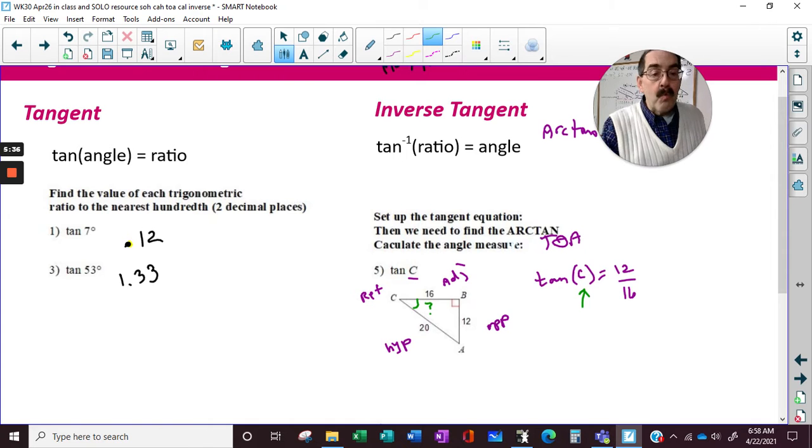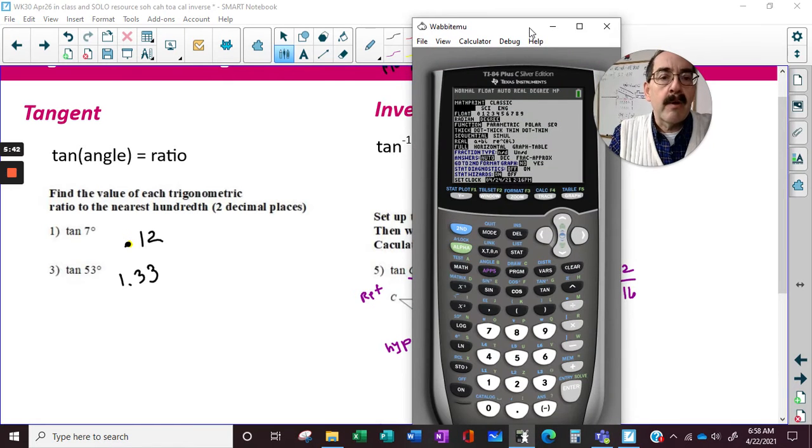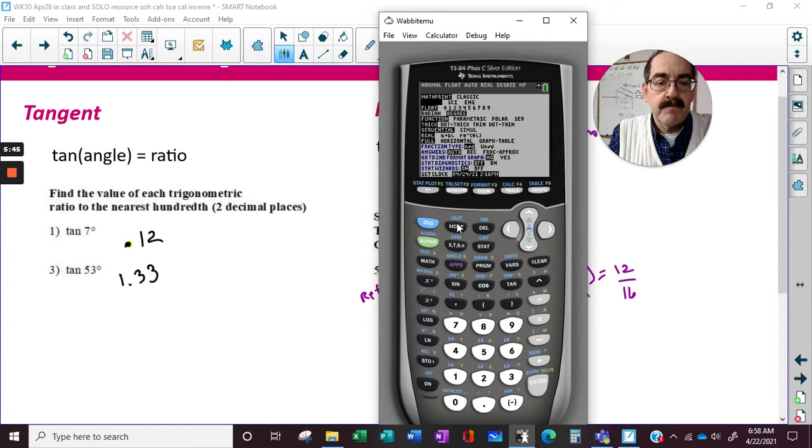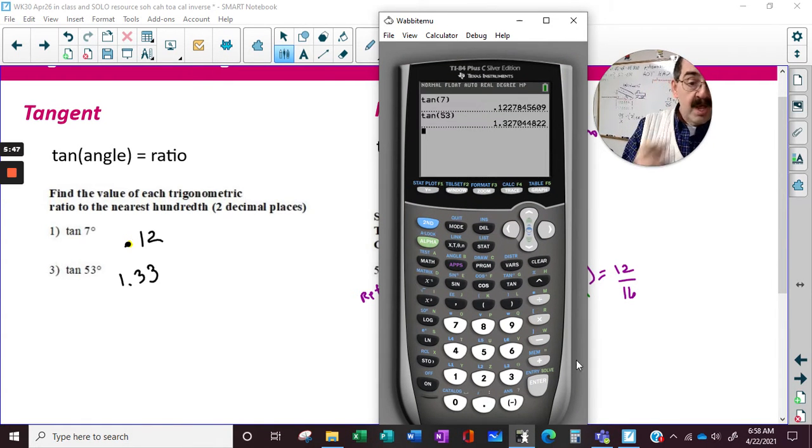How do we get rid of tangent? All right. Now remember, all year we've been looking at our calculator and we've been discovering things. Okay, let's do it real quick. What's the opposite of plus? Minus. What's the opposite of multiply? Divide. In a sense, the inverse, the opposite of plus is minus.